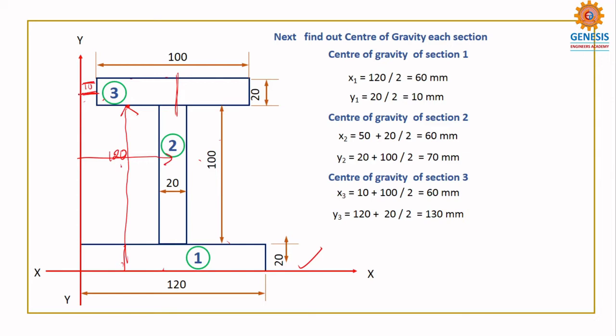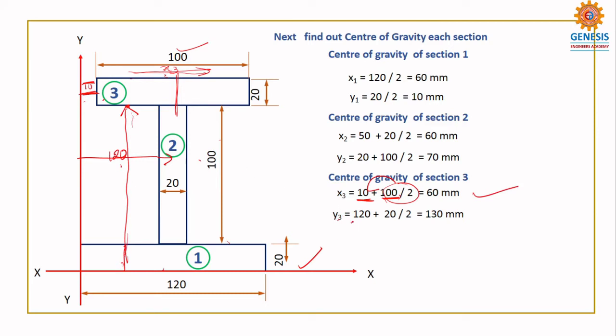If I want to calculate x3, I have to add this one. x3 is 10, and I am going in this way. x3 means about the y-axis. The x3 dimension is 100 by 2, which is 50, and 50 plus 10 is 60. Next, I am coming in this way.